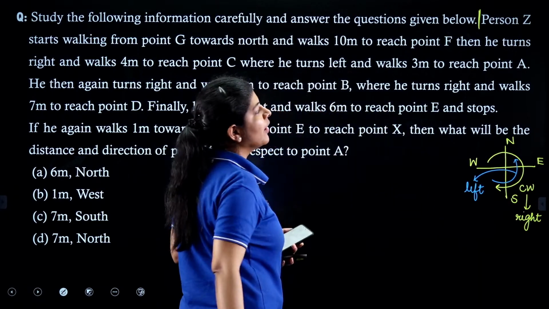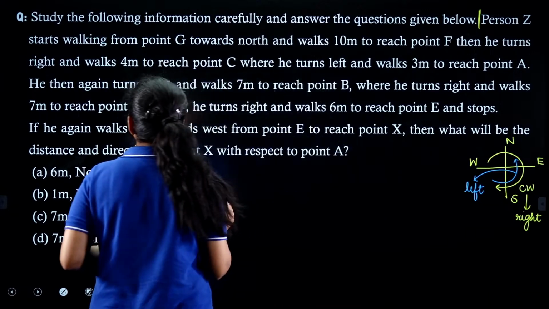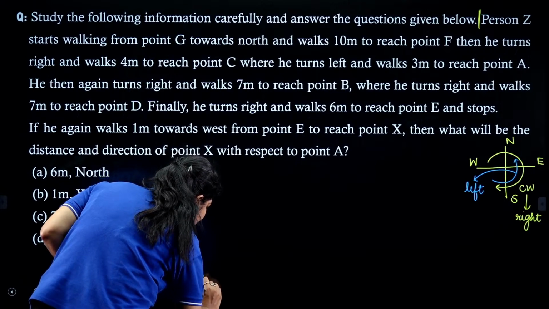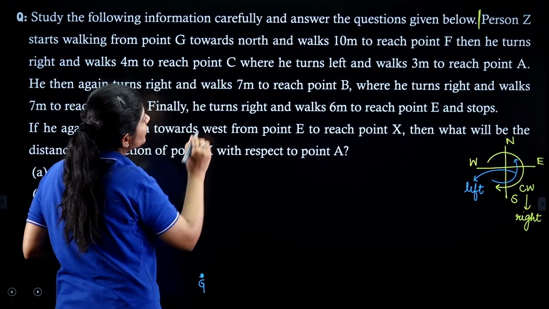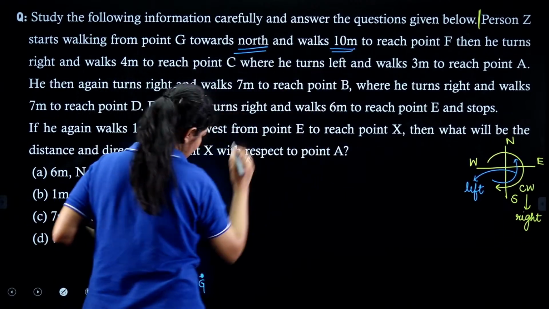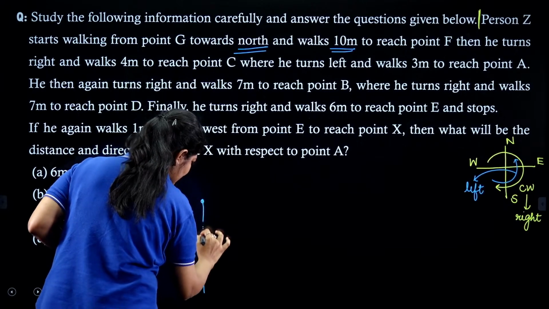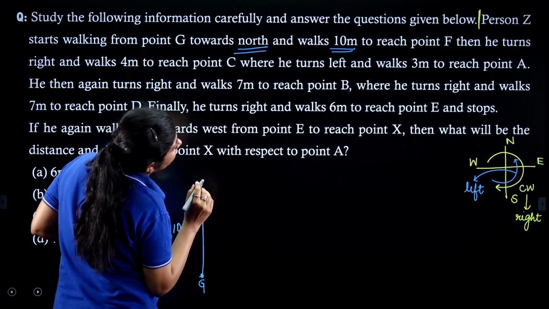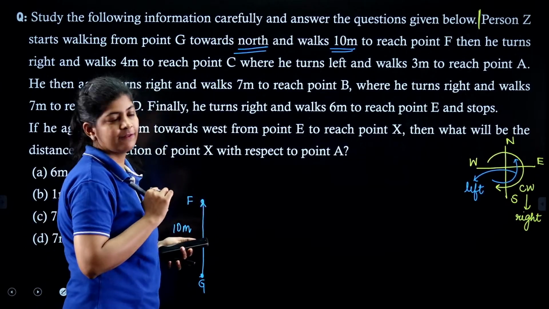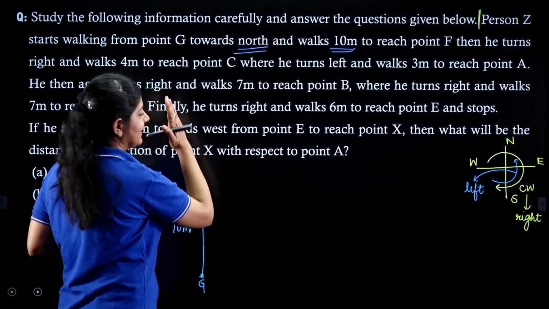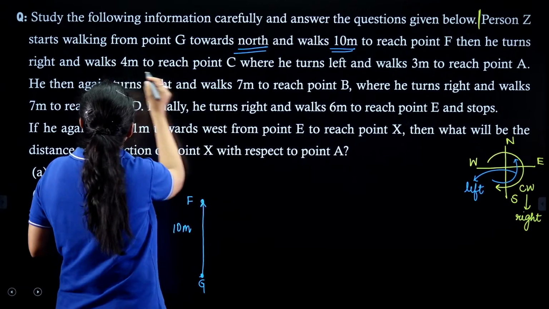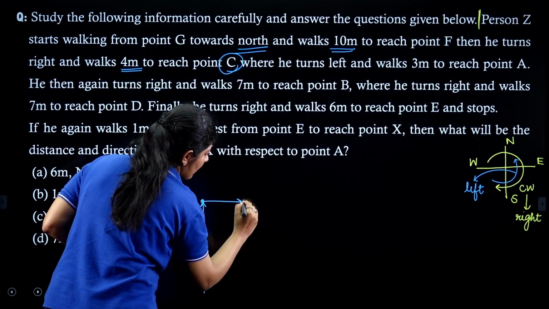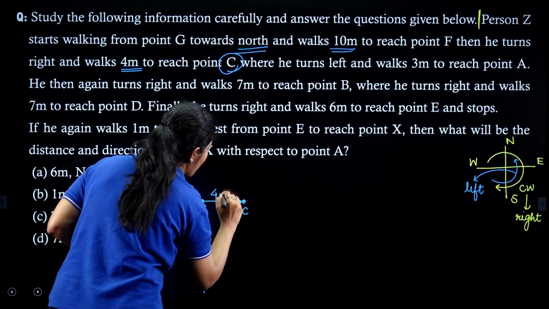So we'll start with Z starting to walk from point G. Let's suppose this is my point G. Person Z starts towards north and walks for 10 meters. Let's suppose this is 10 meters, and he reaches point F. So this is my point F. Then he turns right, that means I have to move in the clockwise direction, and walks for 4 meters to reach point C. Let's suppose this is my point C and this distance is 4 meters.